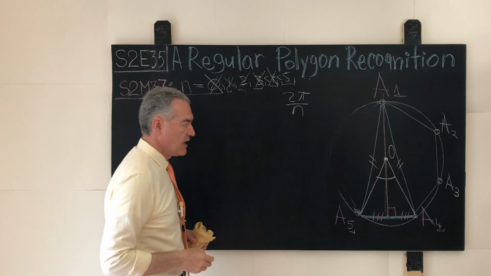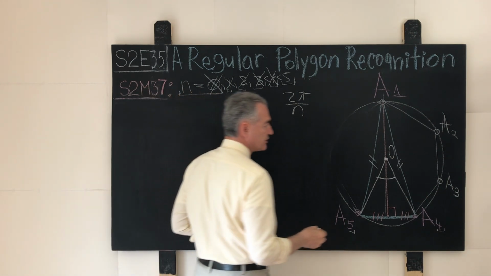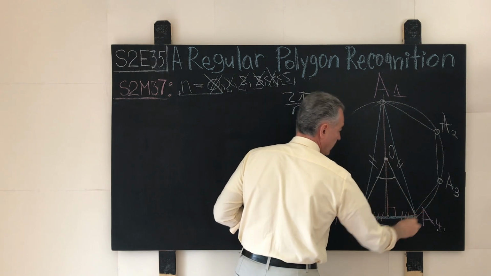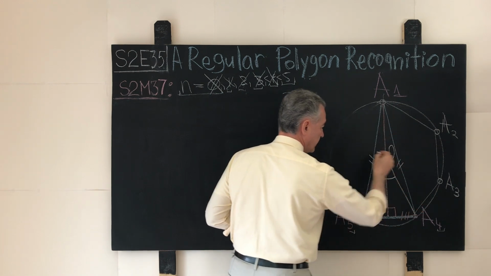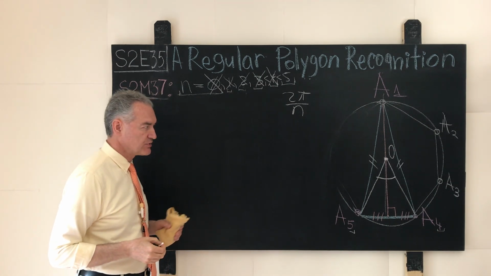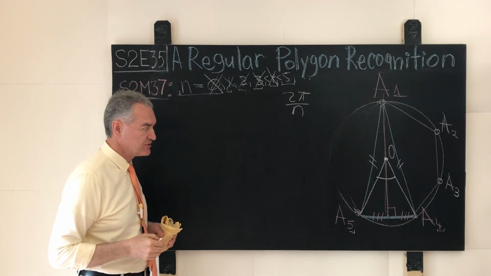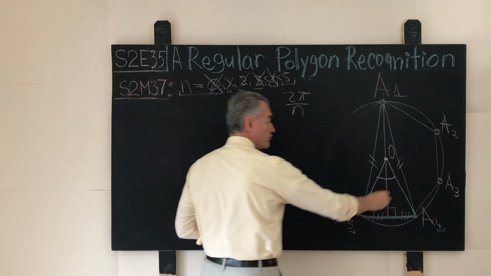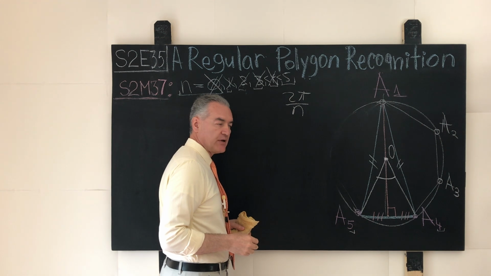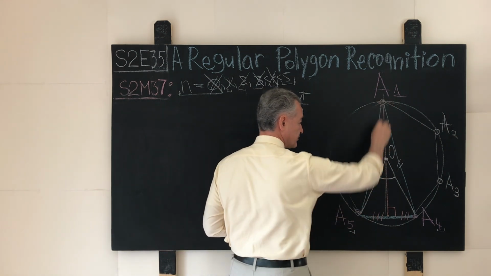over n. And now let us consider, for example, the triangle A1, O, and A4. By what well-known nice theorems can we proceed further? Well, the magnitude of the central angle and the magnitude of the corresponding angle in the circumference.